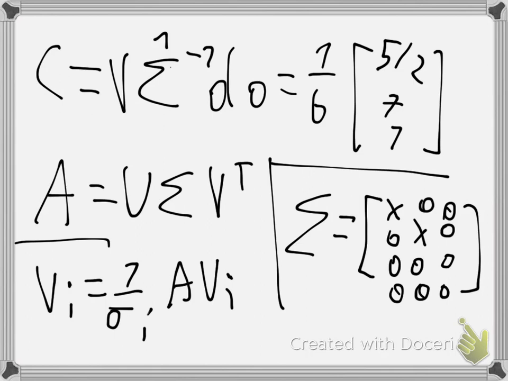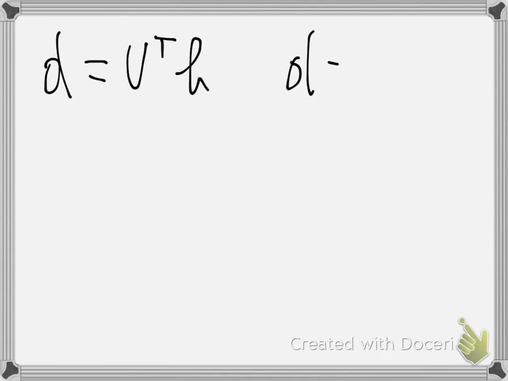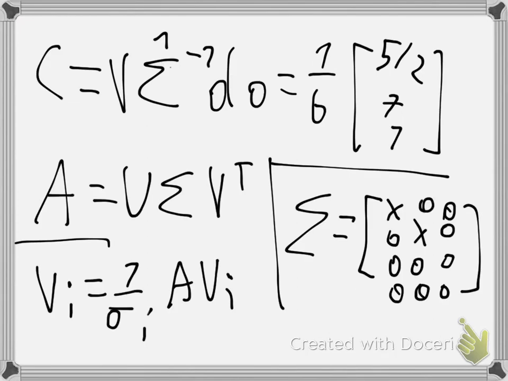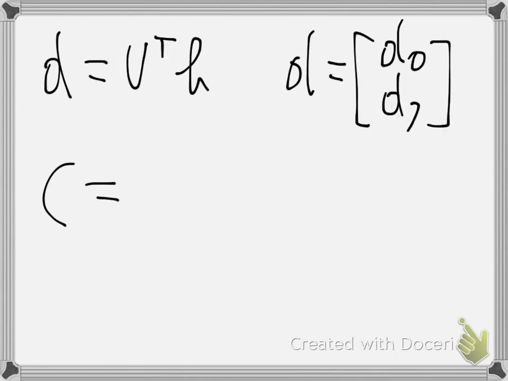So you find D equals U transpose B, and D is divided in 2 parts, D0 and D1. For D0 you only choose the rows that have non-zero elements. And then your solution will be given by C is equal to V sigma hat inverse D0.